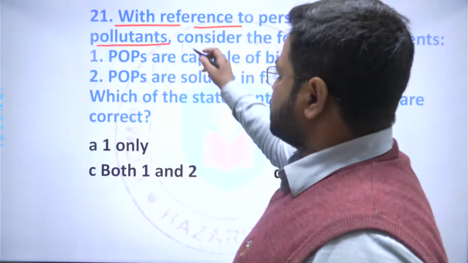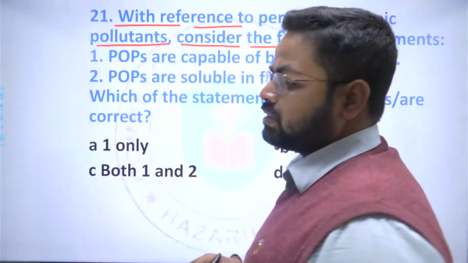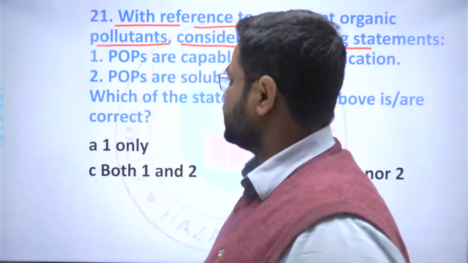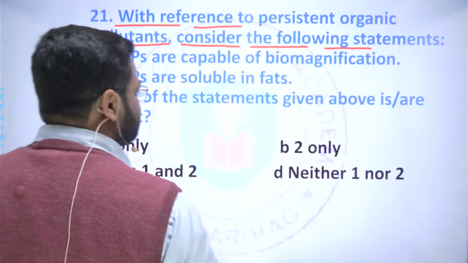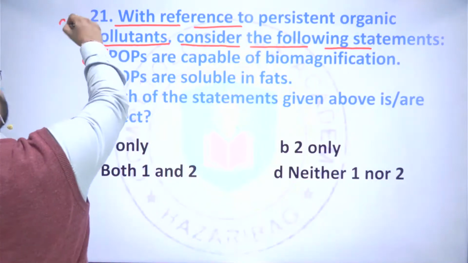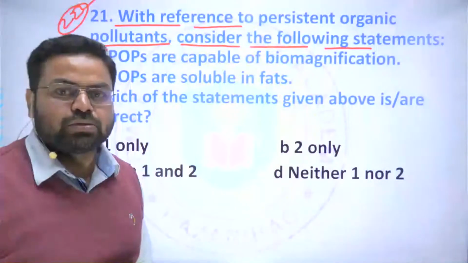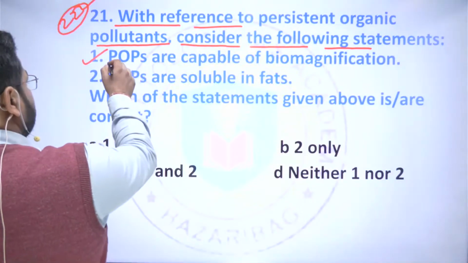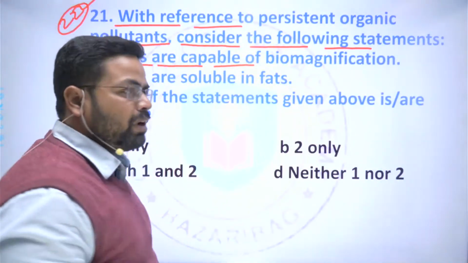And the question says, consider the following statements with respect to the persistent organic pollutants. The persistent organic pollutants are of various types. Nowadays around 22 pollutants are there which have been already banned throughout the world, and many of them should be banned. So here it says that POPs are capable of biomagnification.